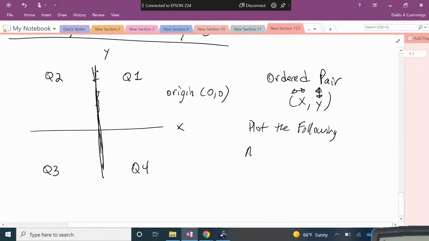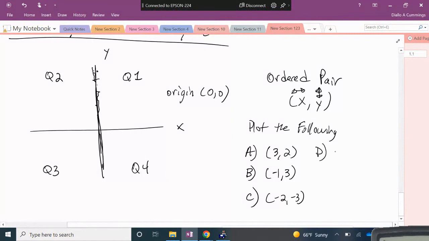So we're going to plot the following. We're going to plot point A, which is 3, 2. We're going to plot B, which is -1, 3. We're going to plot point C, which is -2, 3.